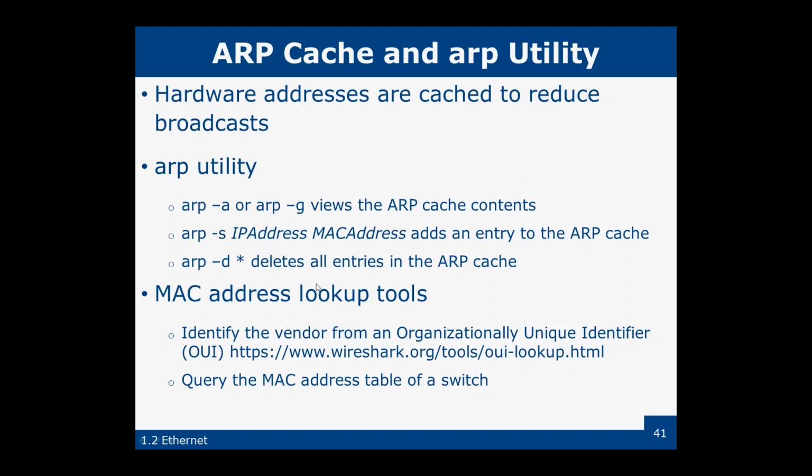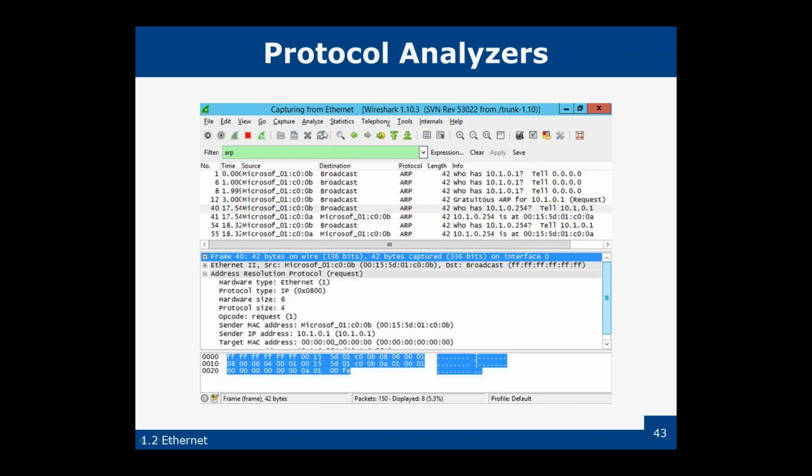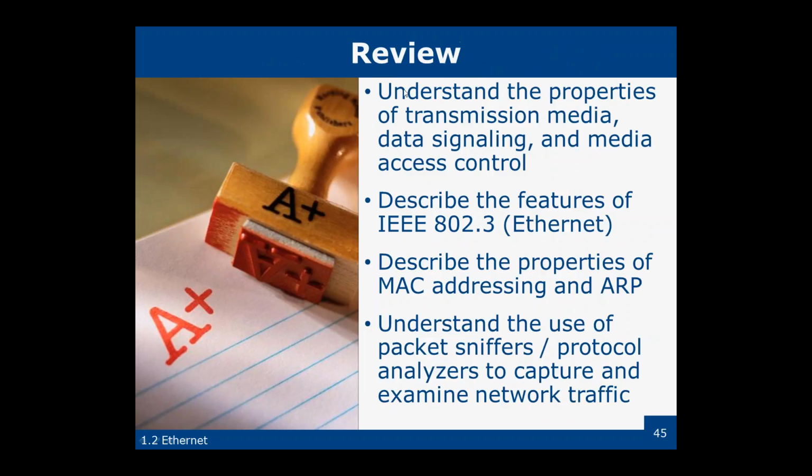Wireshark's not the only one. Wireshark is a sniffer. We can capture packets and use protocol analyzers. It's free. If you haven't used it, I'd recommend you get it, install it, play with it. Capture packets, see what they look like as you go down the line.